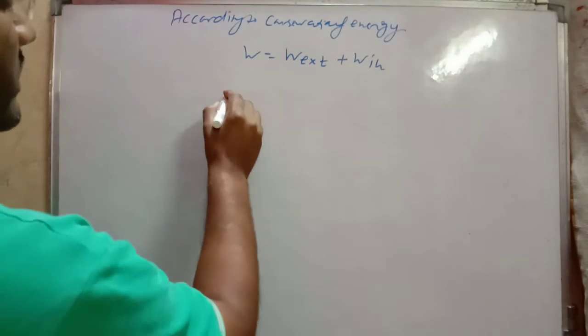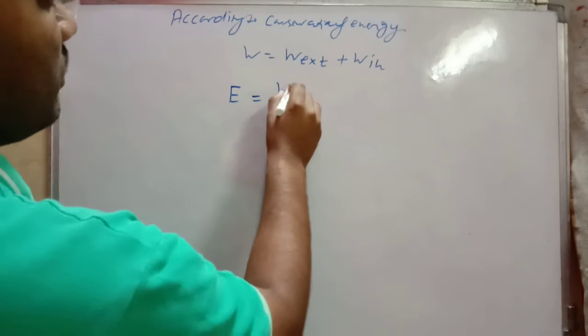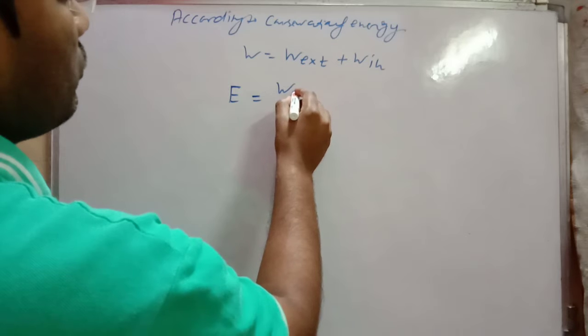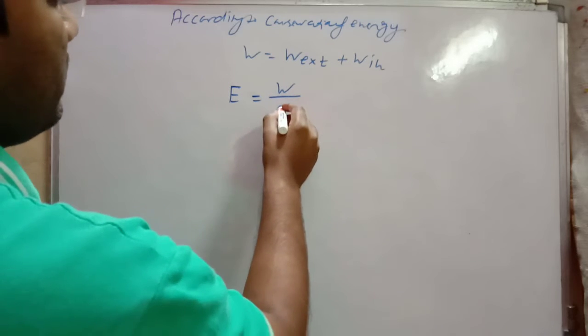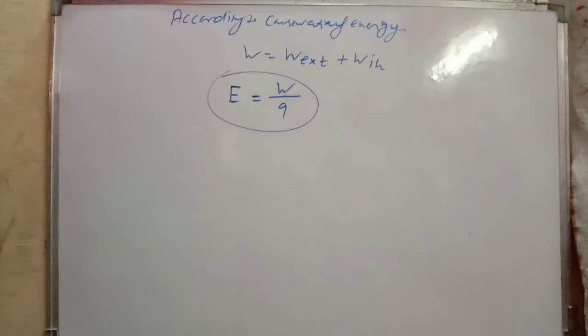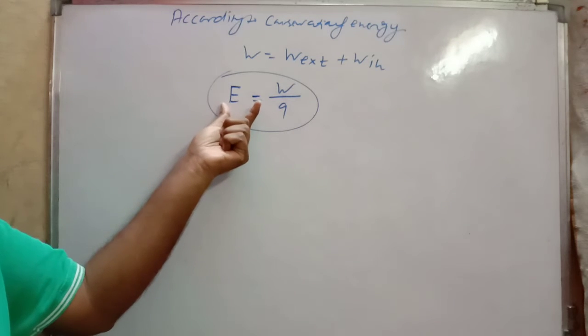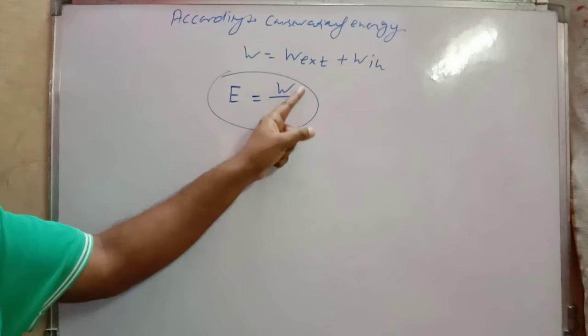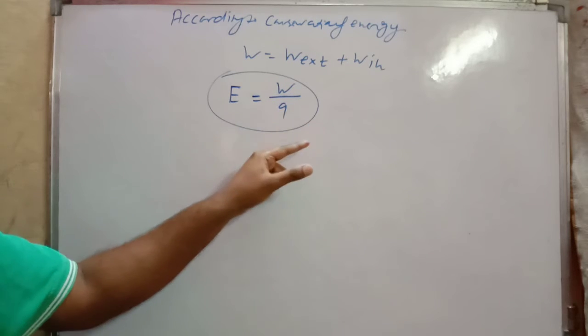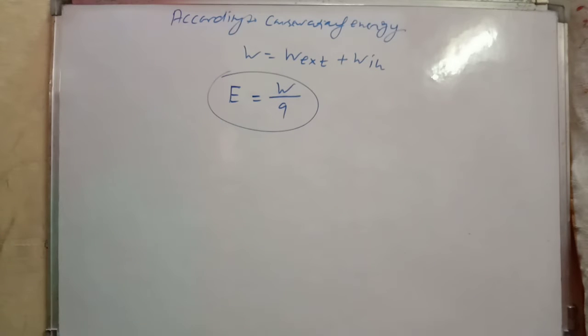Now the EMF of a cell is defined as E is equal to W divided by Q. That means the EMF of a cell is defined as the amount of work done by the cell in moving a unit charge in the whole circuit.